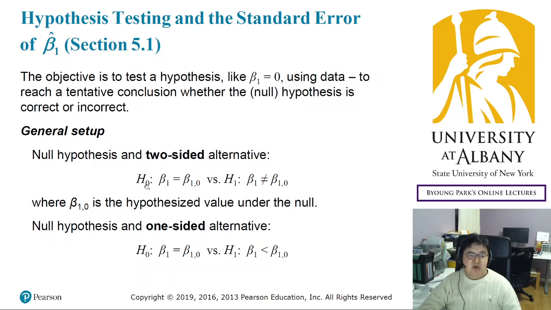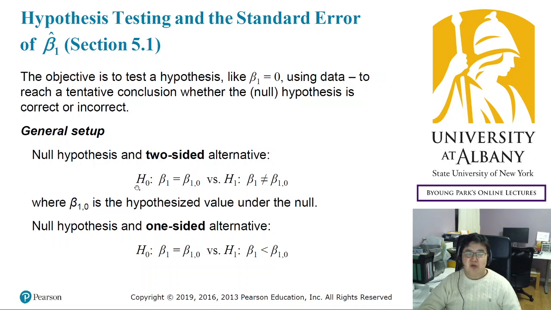Because H0 stands for the null hypothesis, we denote the value in the null hypothesis as beta 1 null or beta 1,0. This is something like 0. You have to choose a number for this, against an alternative hypothesis that beta 1 is different from the value, beta 1 null.